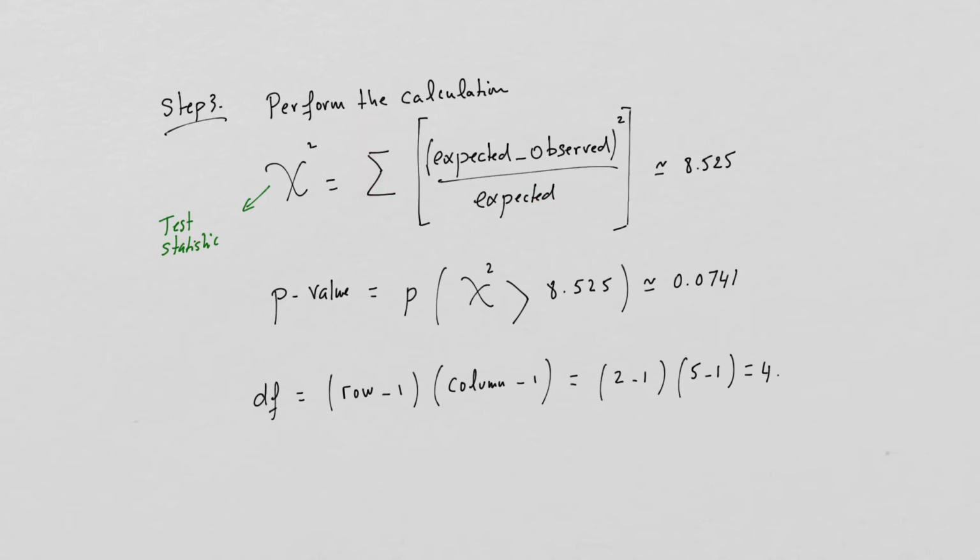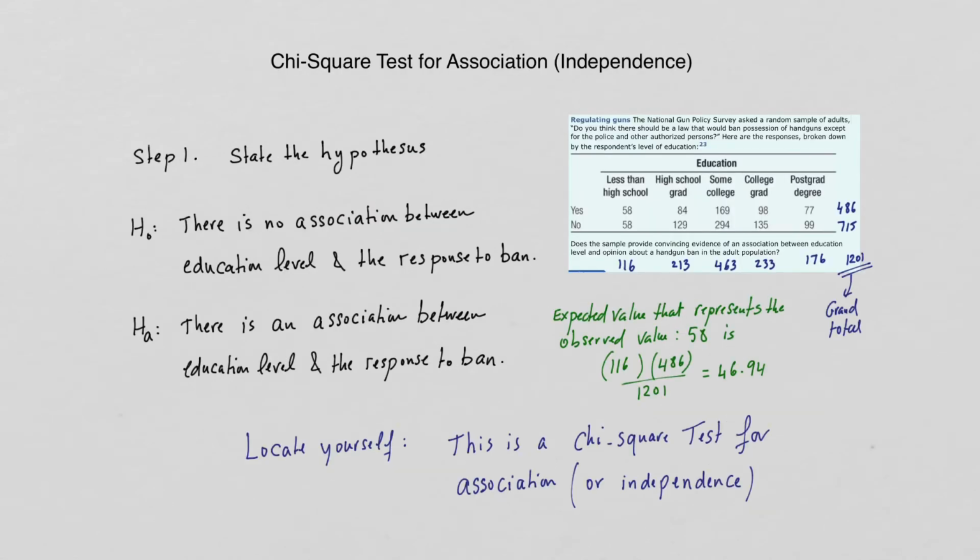For instance, the way you do it is you take this observed or expected, which corresponds to this one, right? You take this expected minus observed, square the whole thing, divide by the expected. And then you move to the next one.